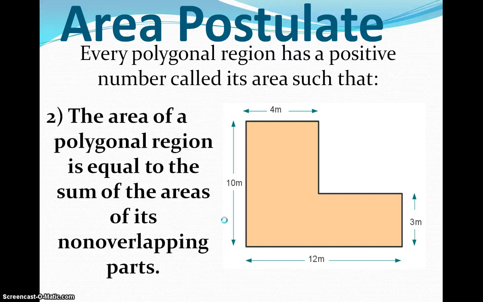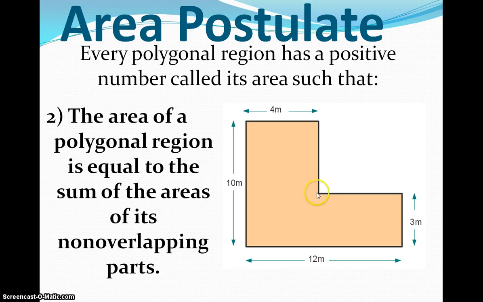And then the second piece to the area postulate is that the area of a polygonal region is equal to the sum of the areas of its non-overlapping parts. A lot of the time, we're not going to have shapes that are perfect. So if I asked you to figure out the area of this shape right here, there's a couple of ways you can do it.